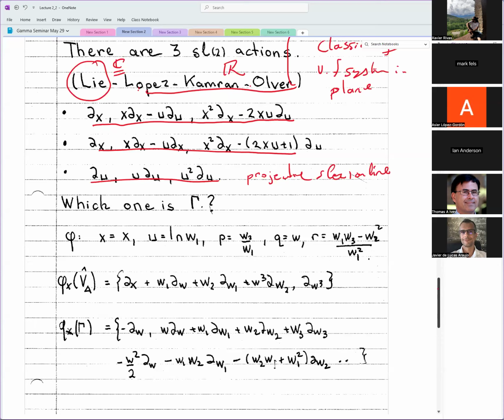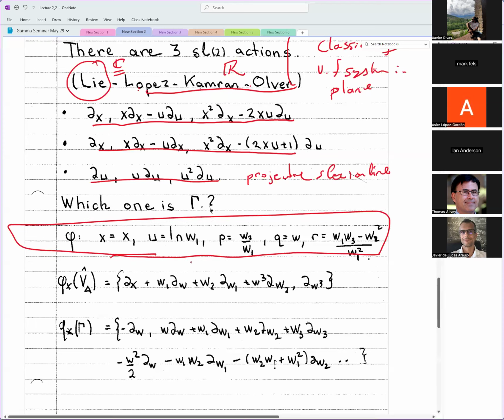Okay, so now we have three SL2 actions. We haven't understood the Liouville equation fully until we determine which one of these actions it is. One way to do it: I gave you the formula for straightening out the Vessiot distribution on the previous page. We apply this change of basis to our distribution and get the standard one.